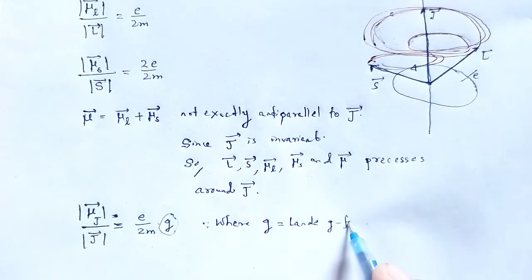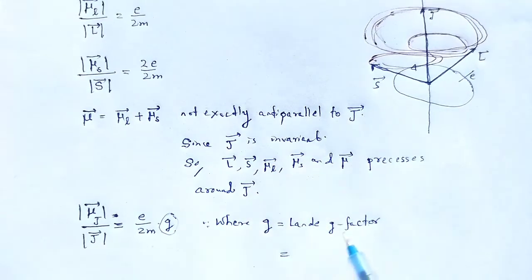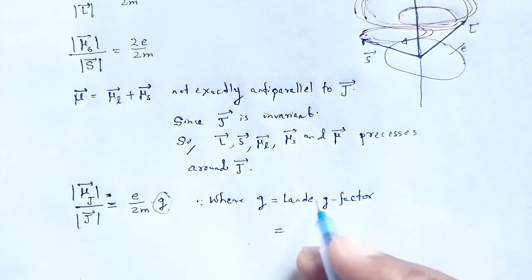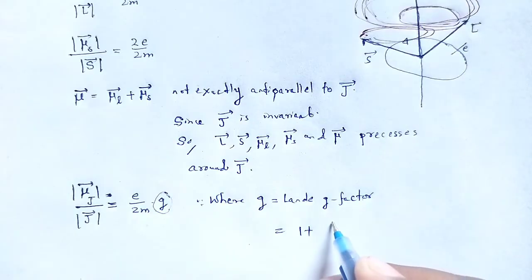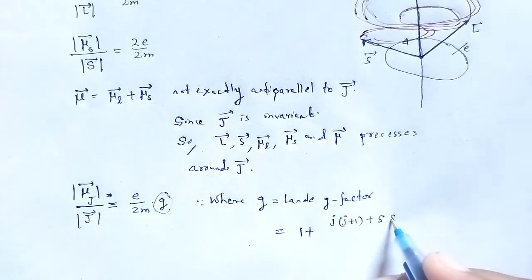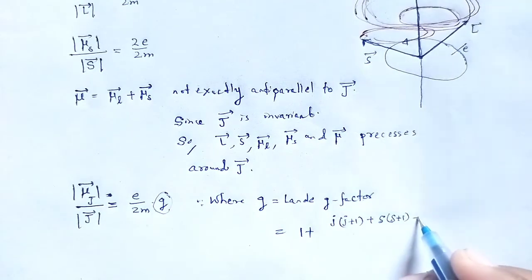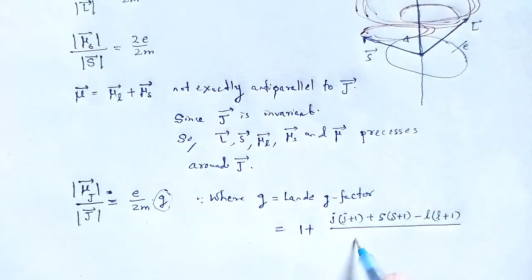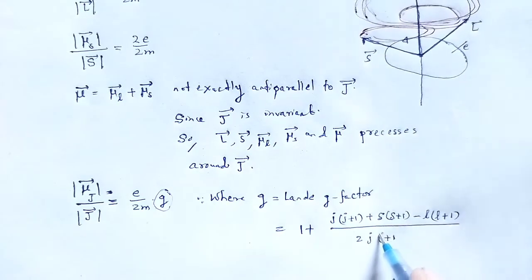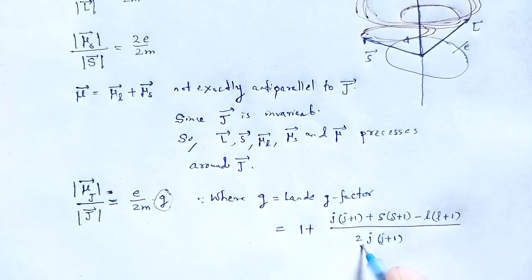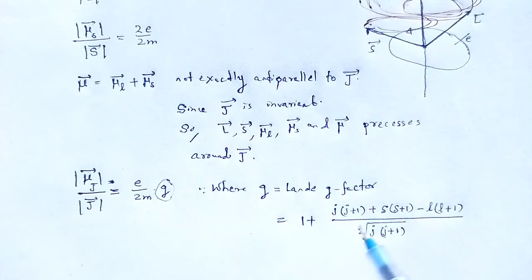The value of the Lande g factor is 1 plus J into J plus 1, plus S into S plus 1, minus L into L plus 1, divided by 2 J into J plus 1. That is the Lande g factor.